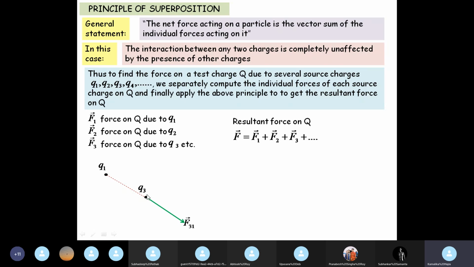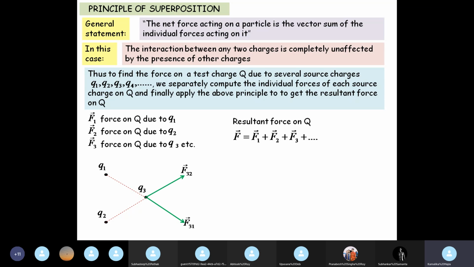We know the force is along the line joining the two charges, and it is given by F31, the force on 3 due to 1. We just learned this from Coulomb's law. Again, suppose we have another charge Q2, and this is the line joining Q2 and Q3. So what is the force on Q3 due to Q2?